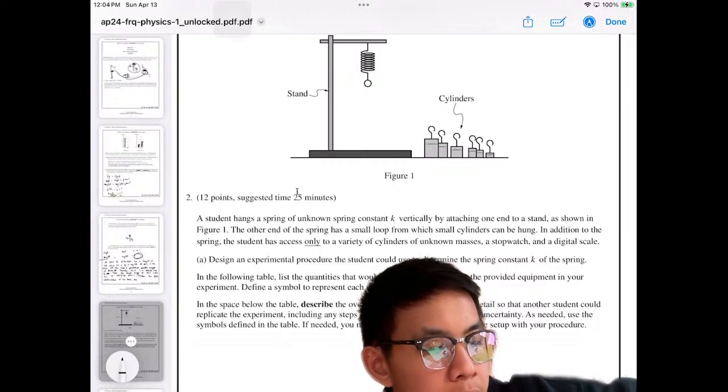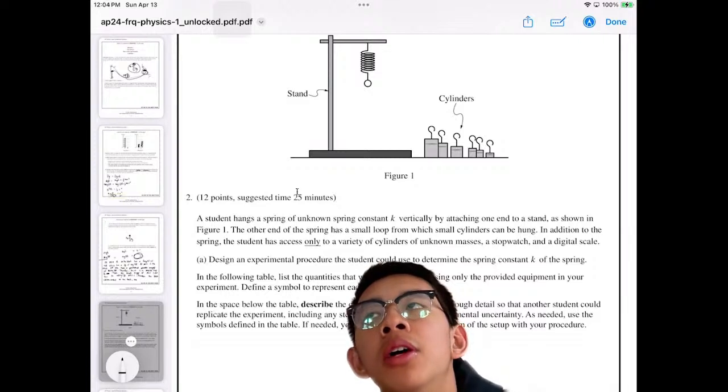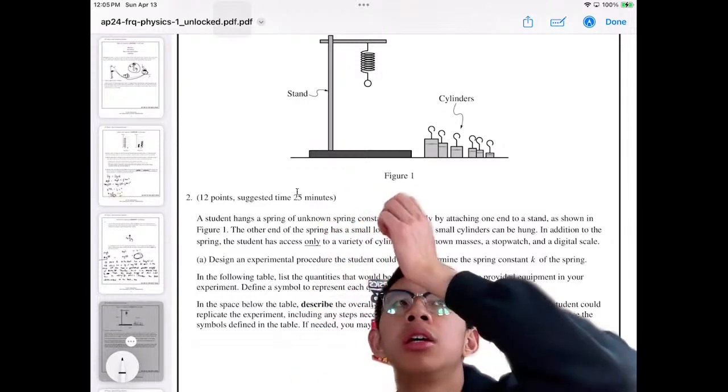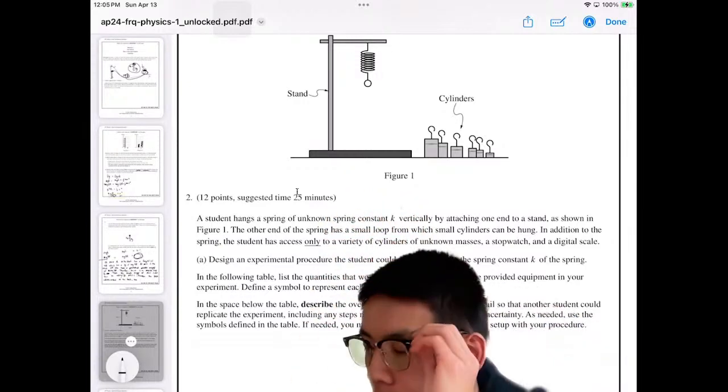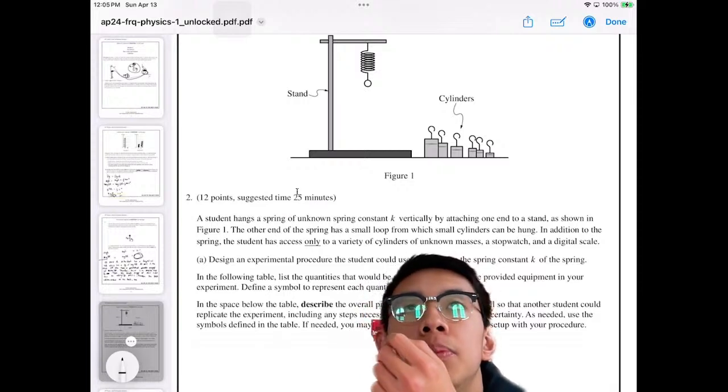So I was thinking, okay, I'm given a stopwatch, and I have to use a stopwatch somehow. When I hang it, it's going to drop and oscillate, which means that's probably a simple harmonic motion equation.